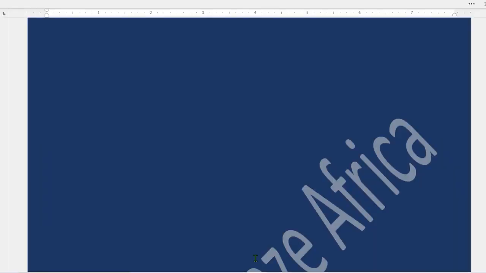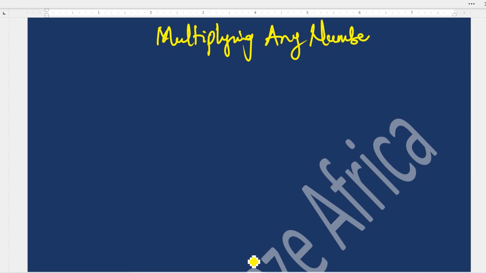Now, the first thing we're going to learn is multiplication by 11. I know my students here know it. Now let's learn it again. Multiplying any number by 11.